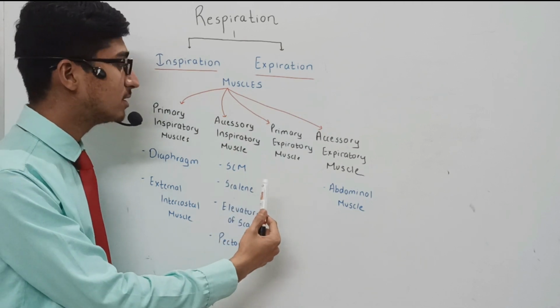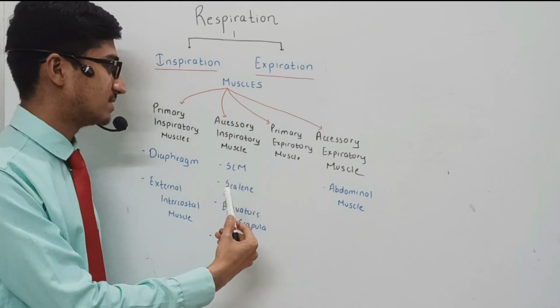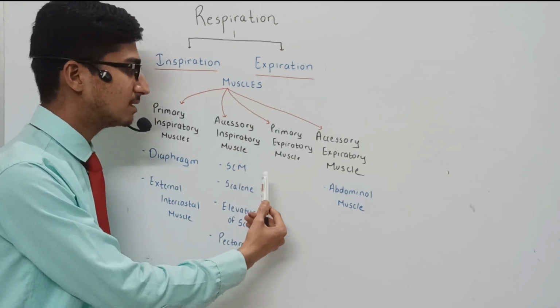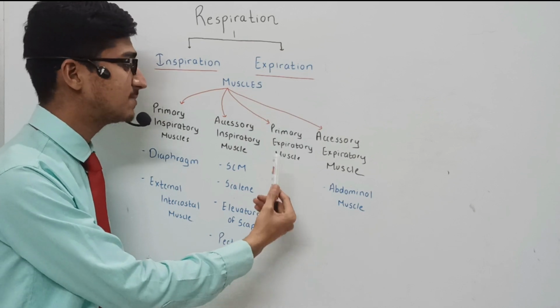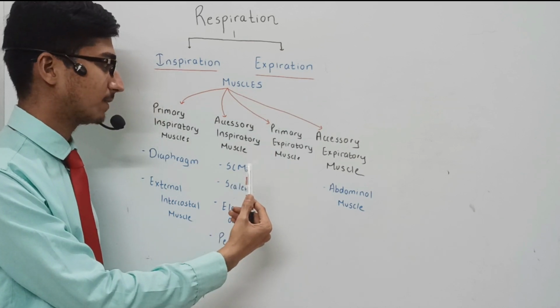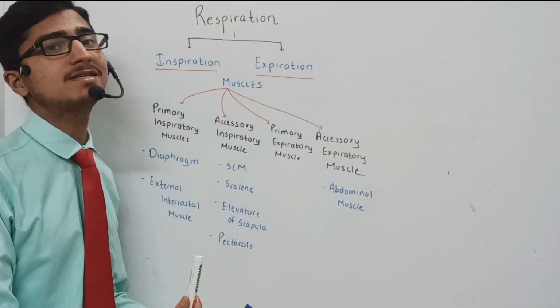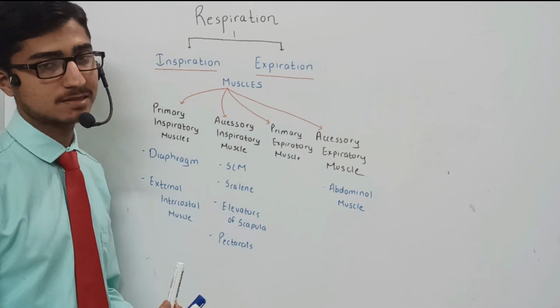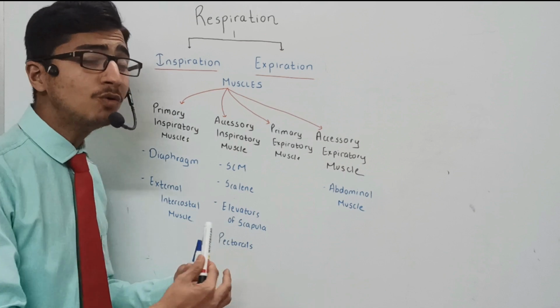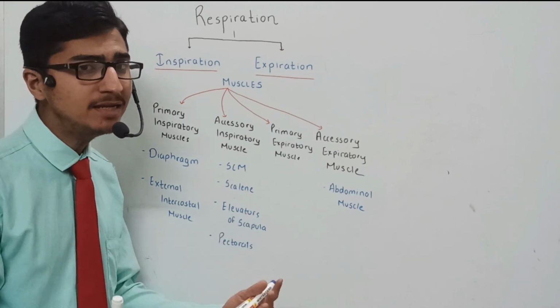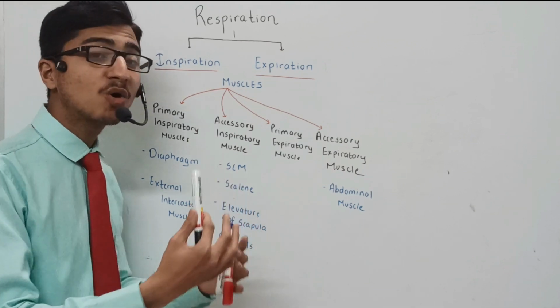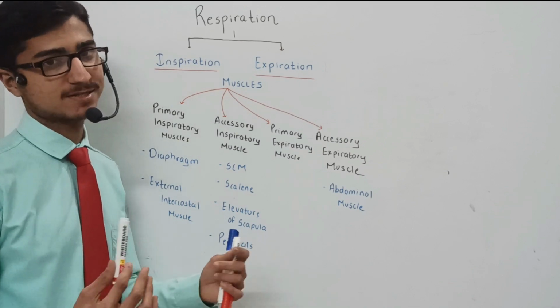Now let us focus on expiratory muscles. First comes the primary expiratory muscle. As I have mentioned, expiration is a passive process, so there is no involvement of any muscle during the quiet expiration process.